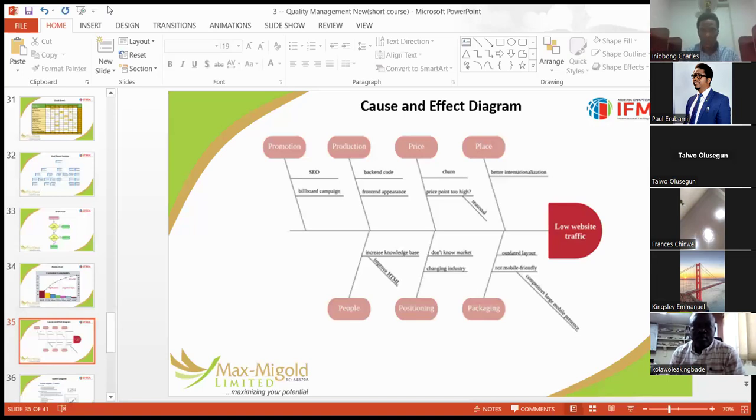Number one could be the price. Number two could be the place. Number three can be the package you are working on. Number four can be the number of people on that network and all that. So these are various causes that you can look at and analyze before you come to a conclusion that these are the things that are causing the problem. And when you take care of these causes, you also take care of the effects.